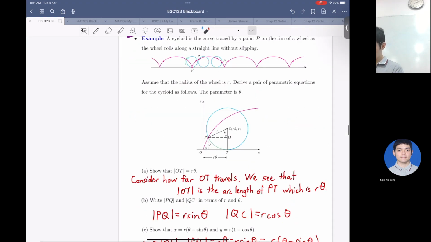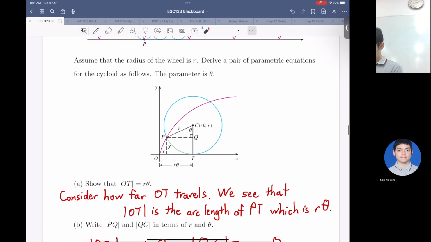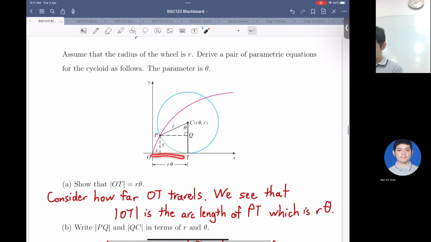So the question here is this. You want to find this OT here. What's OT? First you take this point, you start from here, and then you move this wheel. So that means this point will get moved up to P, for example.